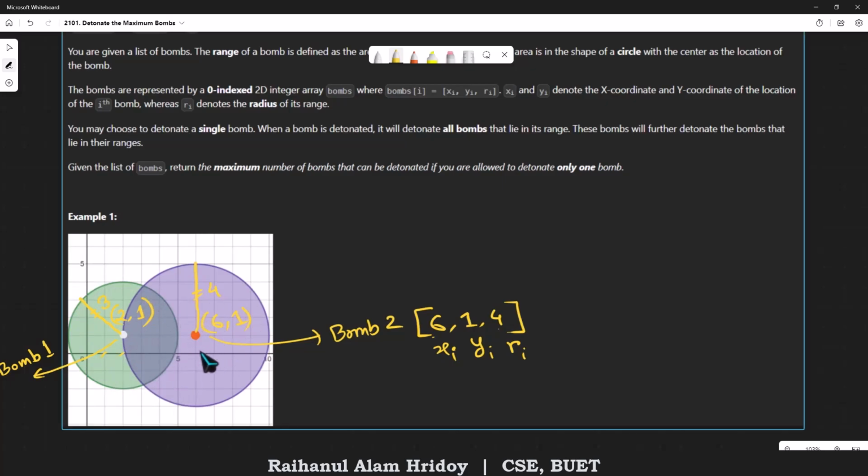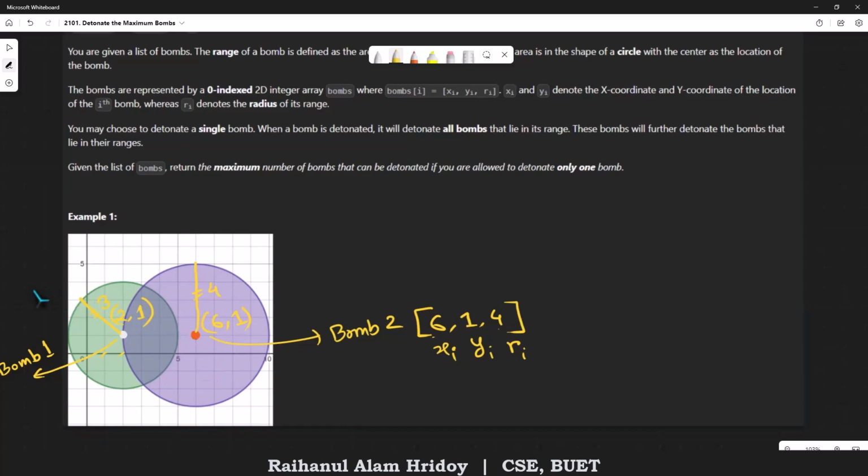So the question doesn't ask which bomb we should blast first. The question actually asks how many maximum bombs we can detonate. You can see from here, if we detonate bomb 1, we detonate only one bomb at most.